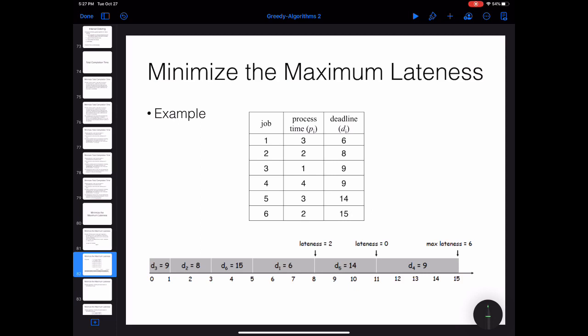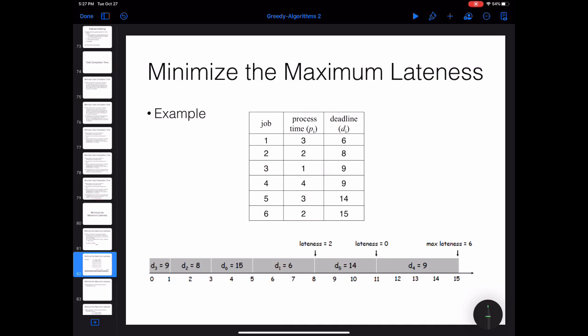So let me give you some example. These are 6 different jobs. I have some processing time for them, how long it would take to process them, and some deadline associated to each one. Job 1 takes 3 hours, and the deadline is at time unit 6, for example.